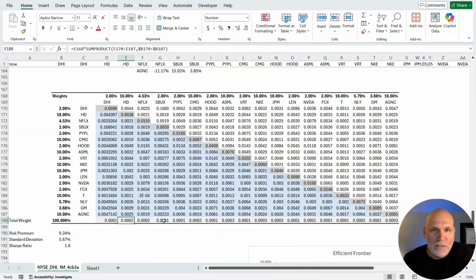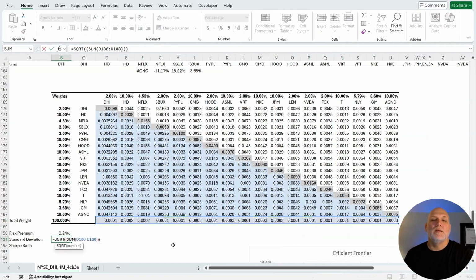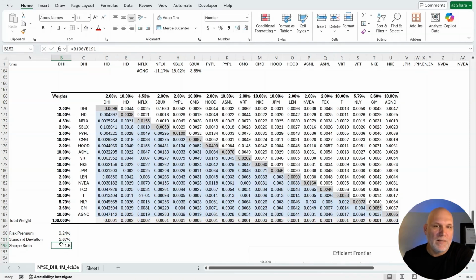All right, so continuing down the path, I'm going to do that for each one of these. Okay. Now I'm going to sum all of this, and I'm going to get the square root of that line. That's my variance, my volatility of how each stock performs against each other. Okay, that's the risk that I'm taking to get this return.